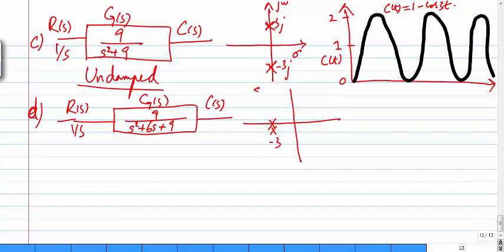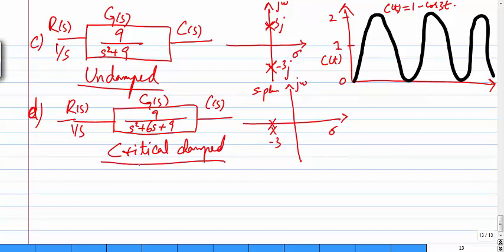This is my S plane, this is my j omega axis, this is my real axis. So this is known as critically damped. This is a very ideal result that we actually want in control systems, known as critical damp.